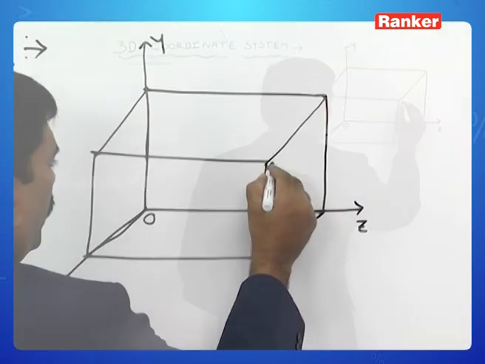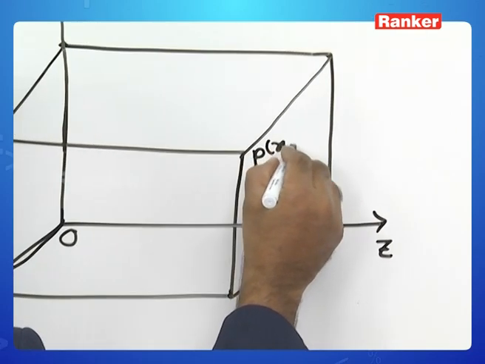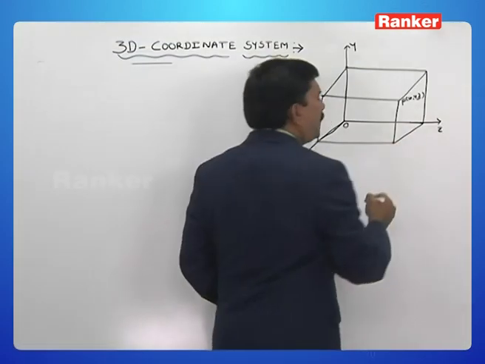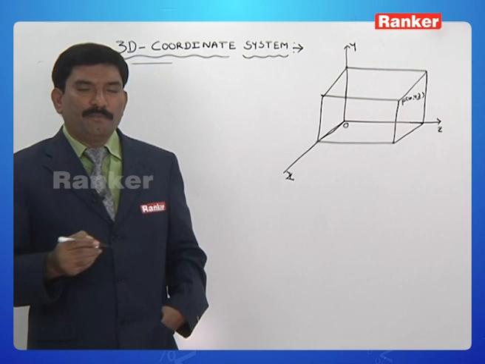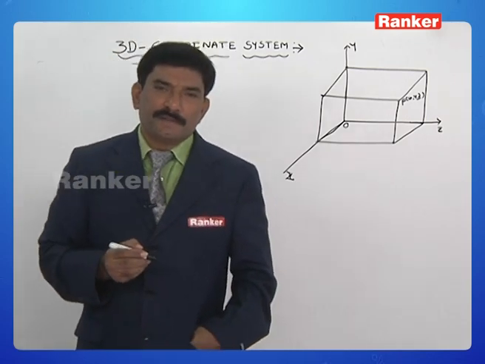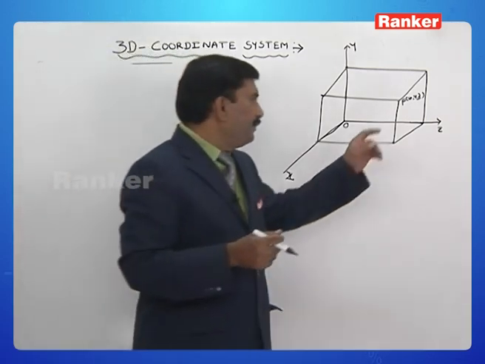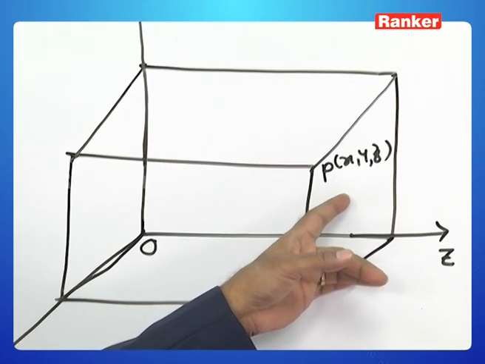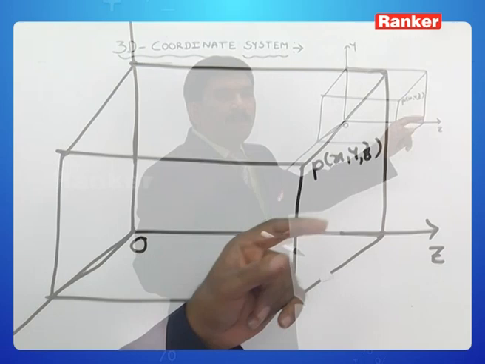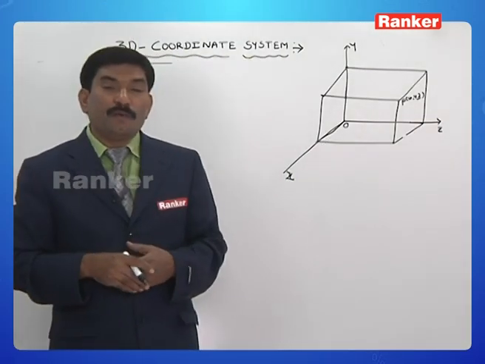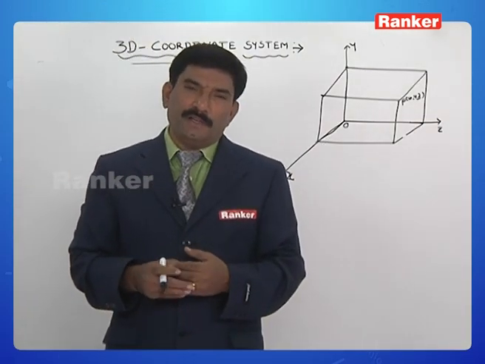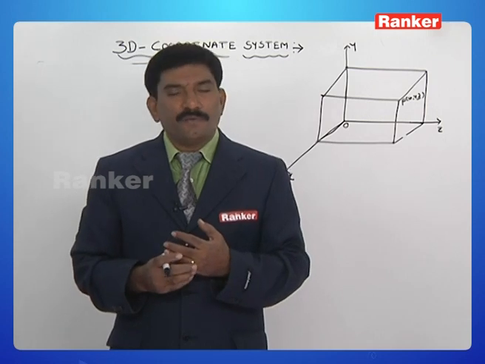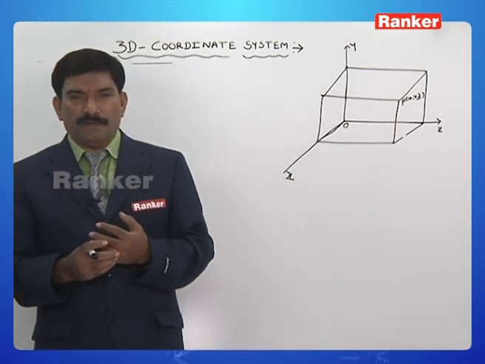If I take this point as P of x comma y comma z, a point in the space, where the first member x is called the x coordinate of P, the second member y we call the y coordinate of P, and the third member z we call the z coordinate of P.